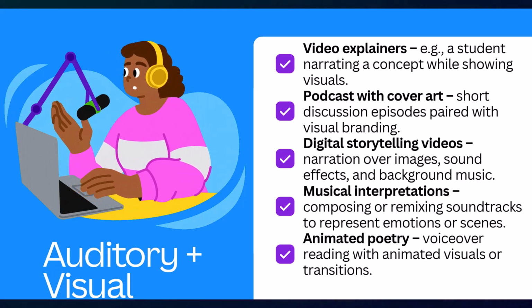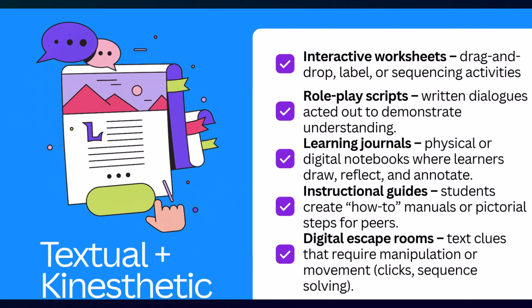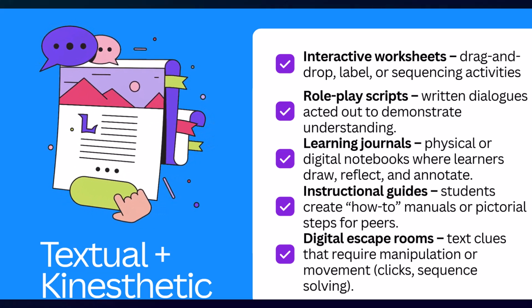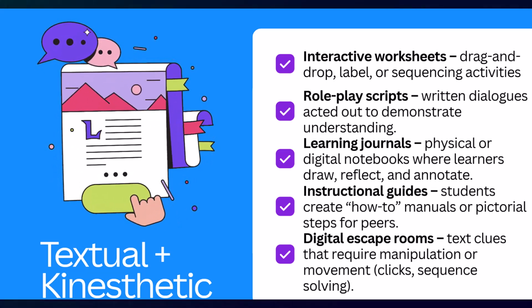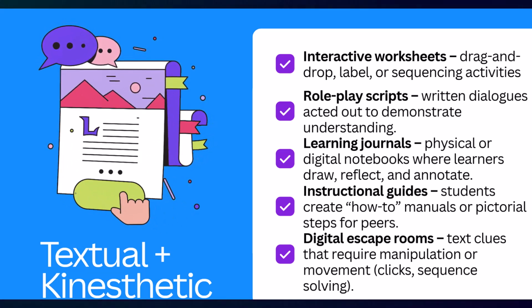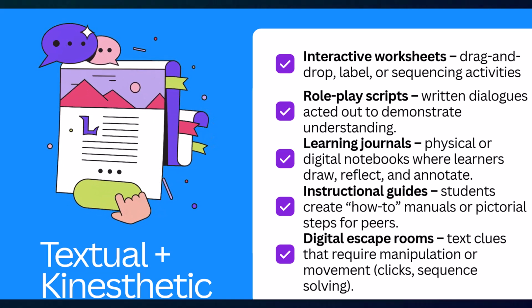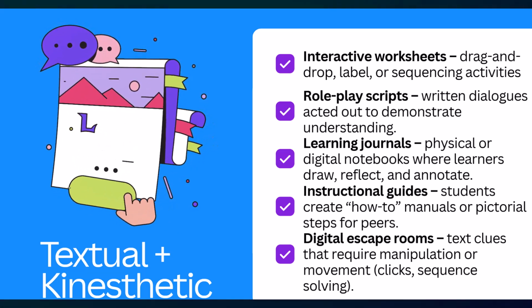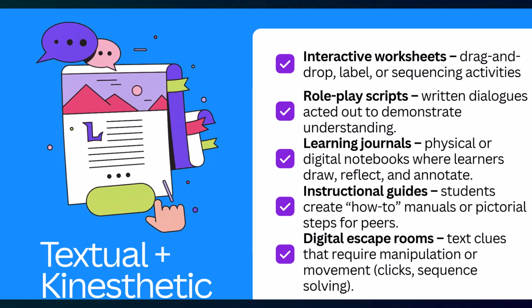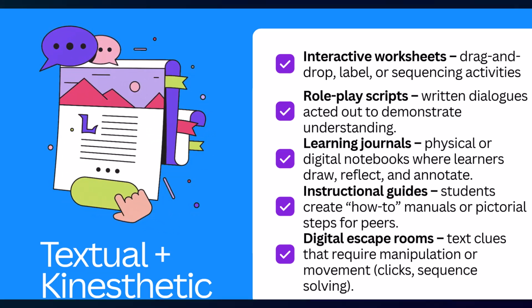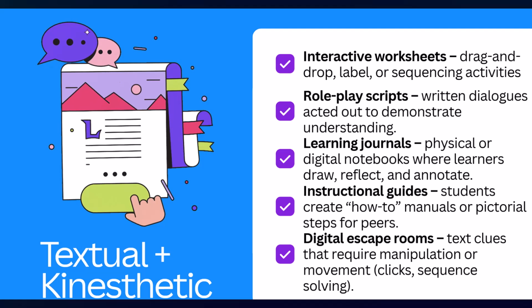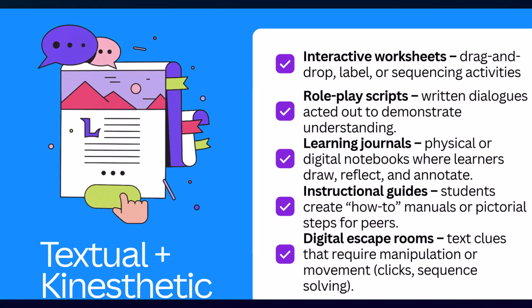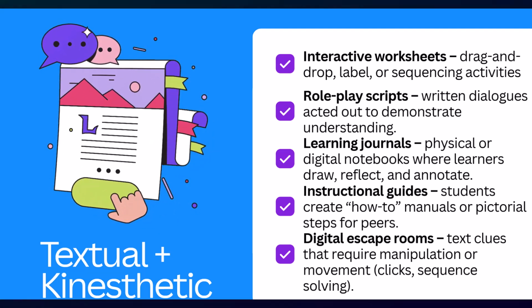So, how about now combining the textual and the kinesthetic elements? So, first up, we have the interactive worksheets, which are more than just regular worksheets. They have drag and drop, they have labeling or sequencing activities. So, you can think of them as a way to make learning dynamic and engaging, allowing the students to manipulate information directly.